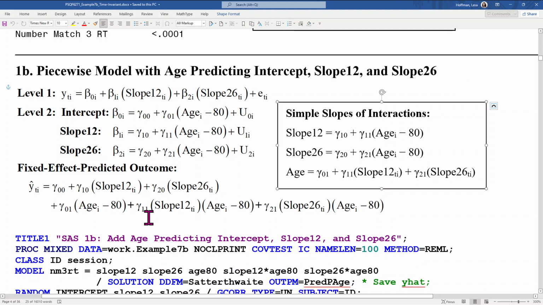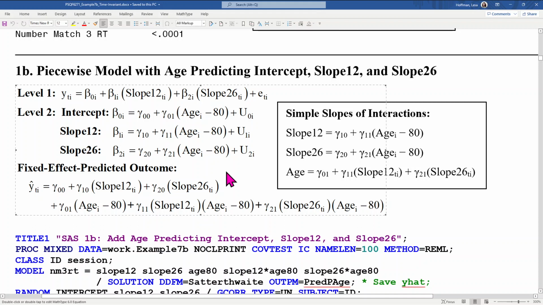So in particular, these two interactions can each be interpreted two distinct ways. The more obvious choice in this context is to think about how age moderates the rate of change due to practice. So the formula for computing simple slopes is to go into the model equation, find all of the terms that have the slope of interest in them.